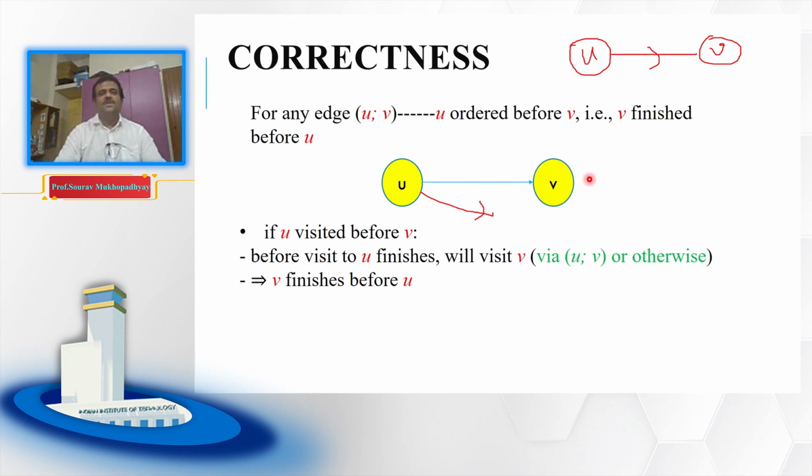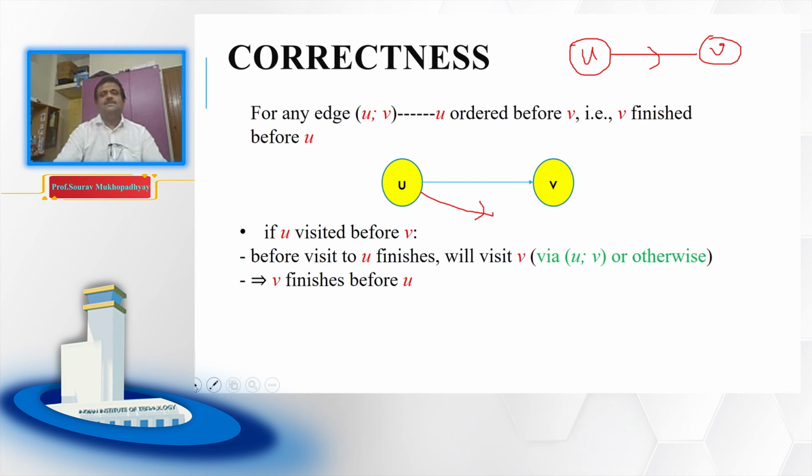When we visit v, we must explore all the adjacent vertices of v, then we finish v before u. So, v will finish first before u, and then we are reversing the order. That means u will take the larger number than v. That is the idea.